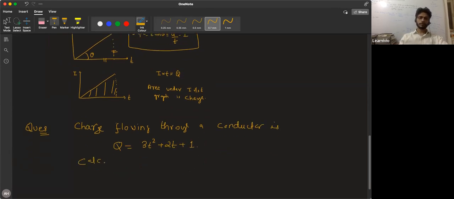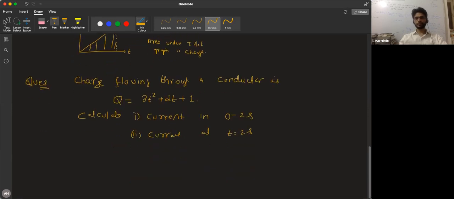Calculate, first part, the current in 0 to 2 seconds. Second, the current at t equal to 2 seconds.